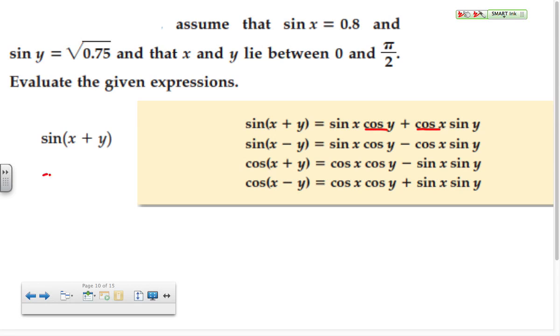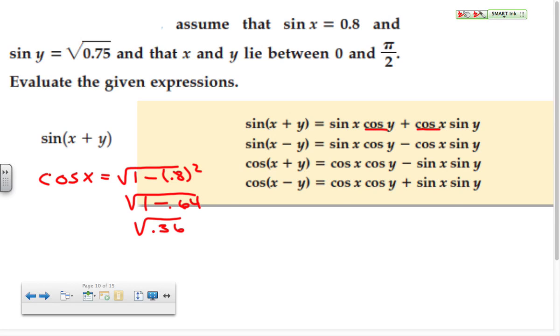So the cosine of x is the square root of 1 minus the sine of x squared, so 0.8 squared. So that's the square root of 1 minus 0.64, which is the square root of 0.36, which is 0.6. So right up here, so that I have it, I'm going to write the cosine of x equals 0.6.